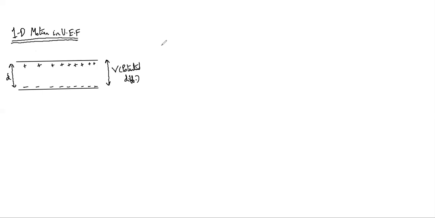So first of all, you tell me what is the direction of electric field in this plate. Electric field का direction क्या होगा? Downwards. Yes. It will be downwards, right? From positive to negative. So electric field will be like this.